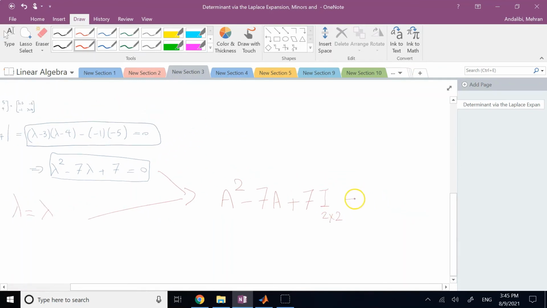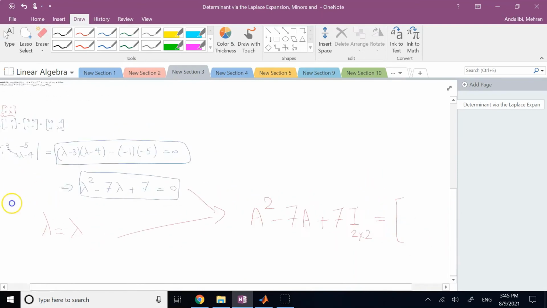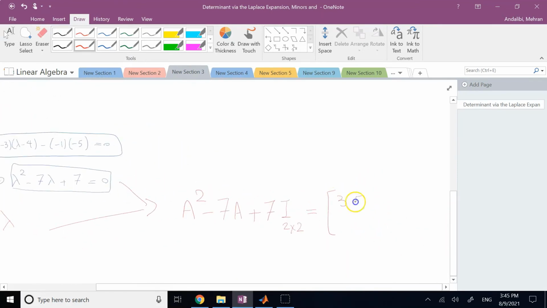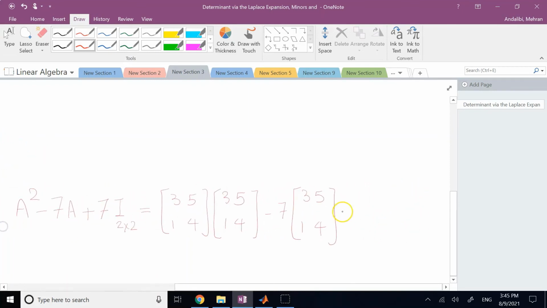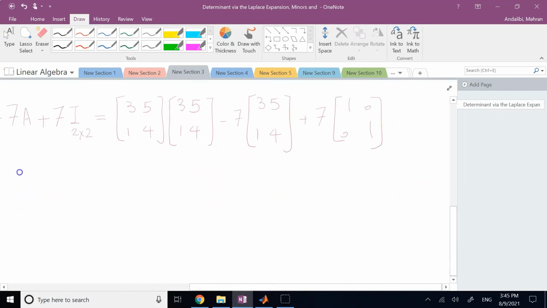What's the result of this? Well, let's do it just for the sake of practice. So A itself is 3, 5, 1, 4. So when we square it, it means you multiply it by itself. And then minus 7 times this. So 7 should be multiplied by each and every one of the entries. And then plus 7 times the identity matrix, 1, 0, 0, 1. Right? So this is the result.